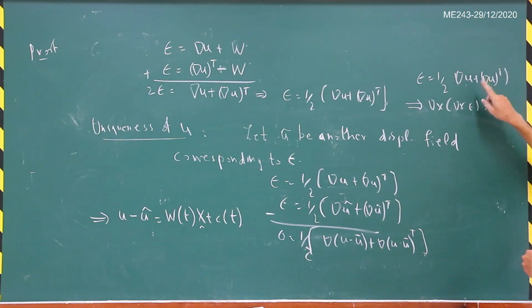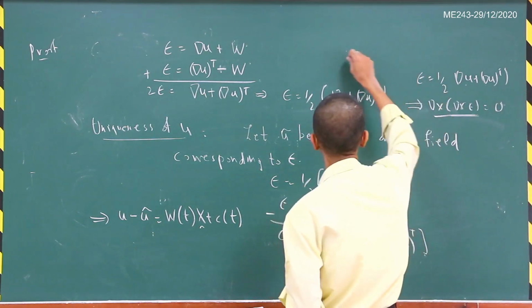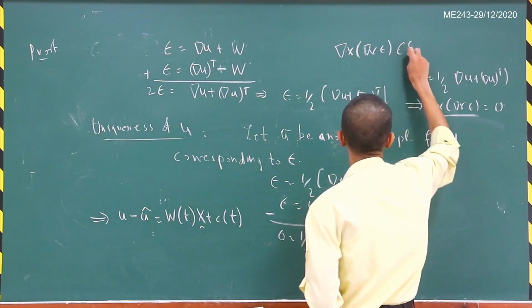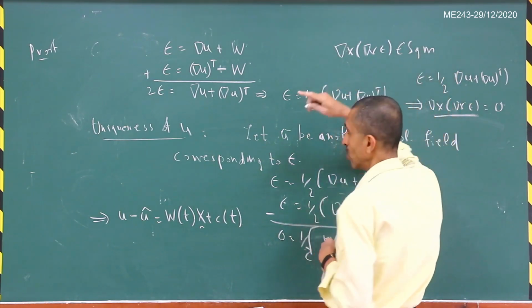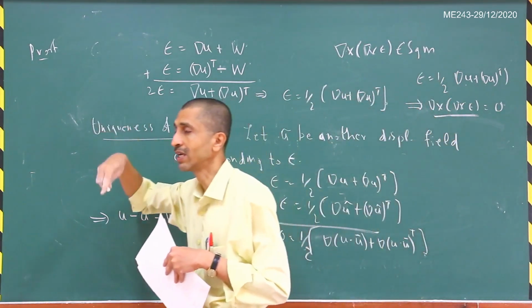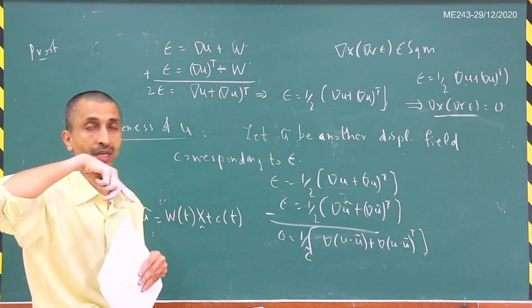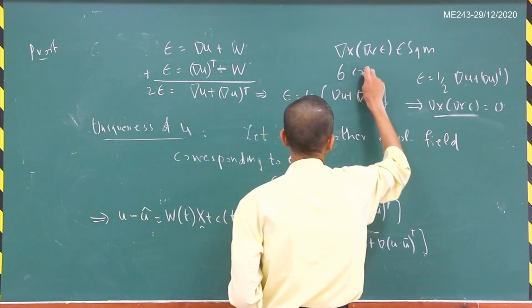Okay, so the last point to be made here is that this del cross epsilon is a symmetric second order tensor. So it will have only 6 independent components. This del cross epsilon belongs to sim. It's a symmetric second order tensor, so only the diagonal and the components above the diagonal are independent, and so there are only 6. So there are only 6 compatibility relations because of that.